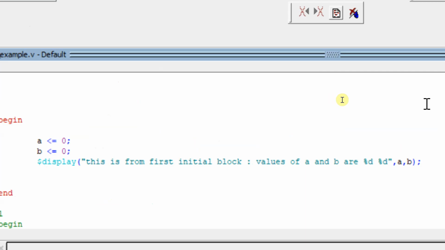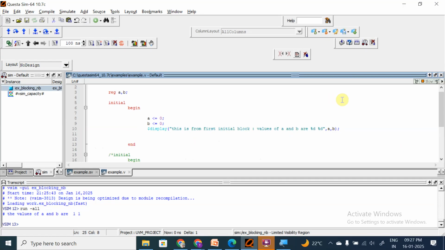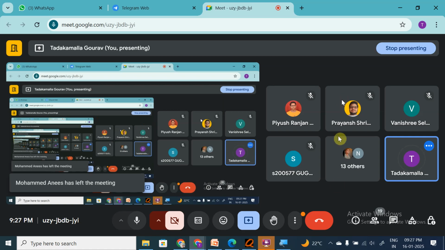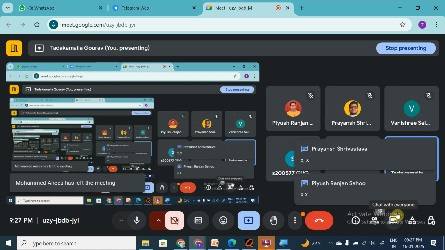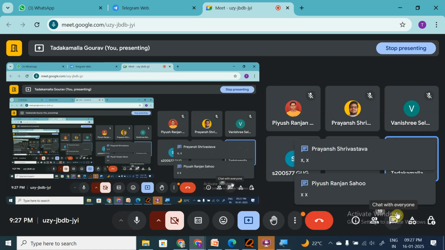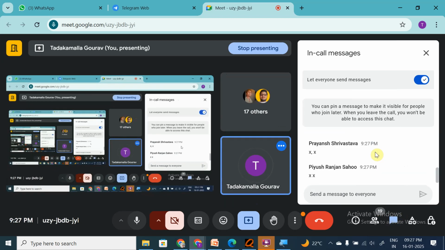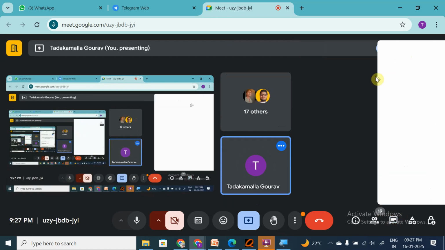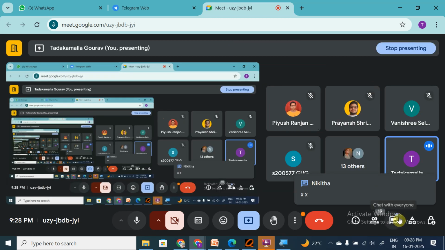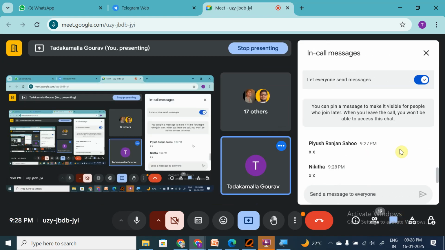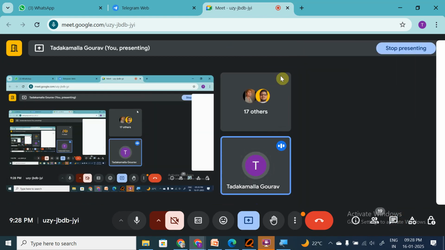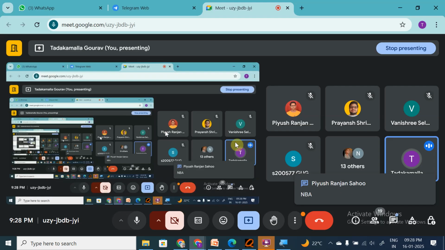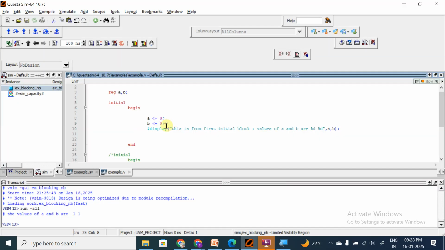Why am I getting unknown? Because if you see the event scheduler, $display is executed first. Yes, NB. So let me compile this again and let me show you the output.